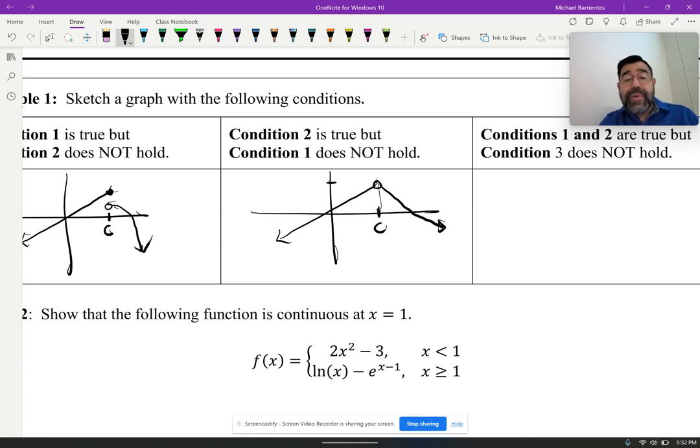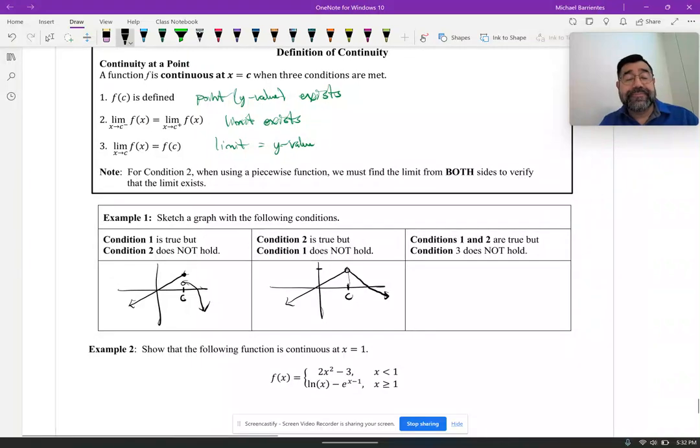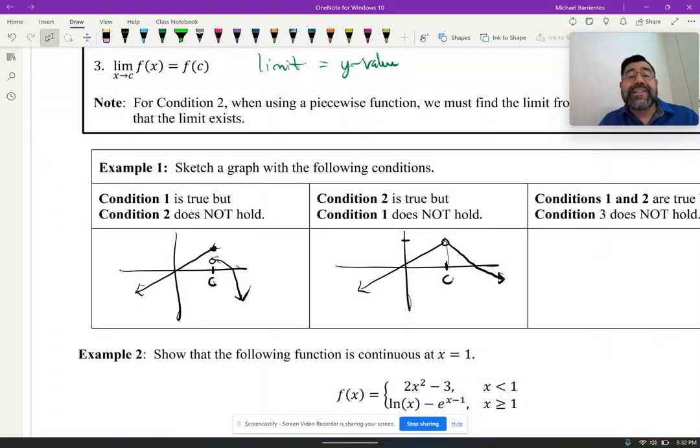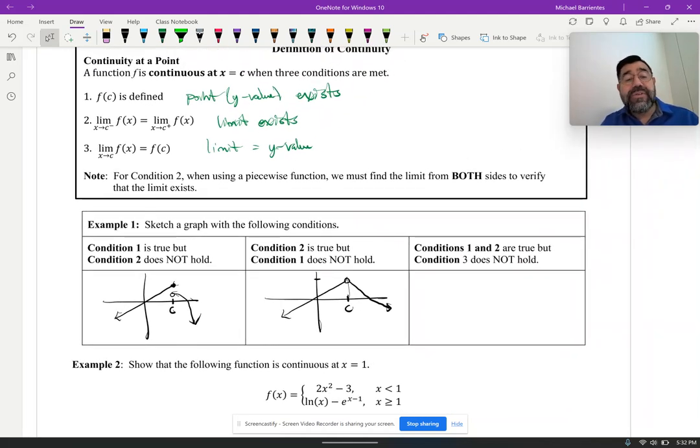But does the point exist? Well, no. There's no point there. I mean, there's a hole there. So condition one doesn't get met. Condition two does. So in both of these cases, if you'll notice, we have discontinuity, right? So can we make one and two true, but three not hold?